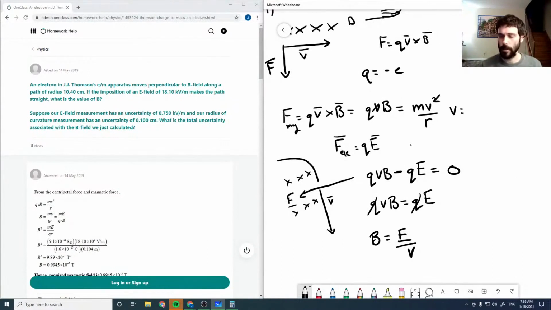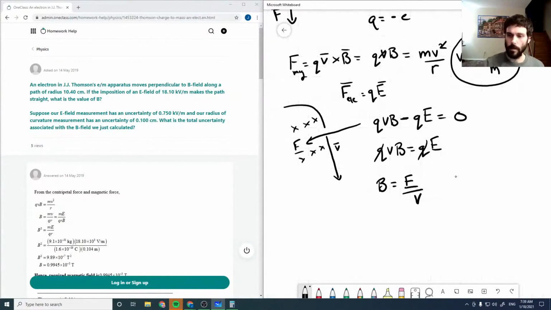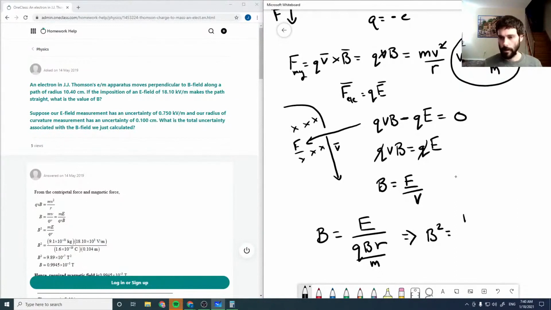Our velocity is just QBR over M. And so then our B field is just E over Q BR over M, which we can bring this B over to this side and say B squared is mE over QR.